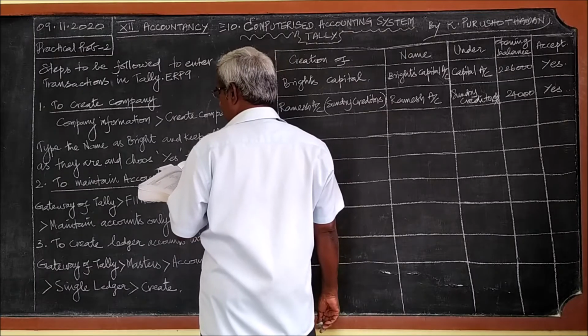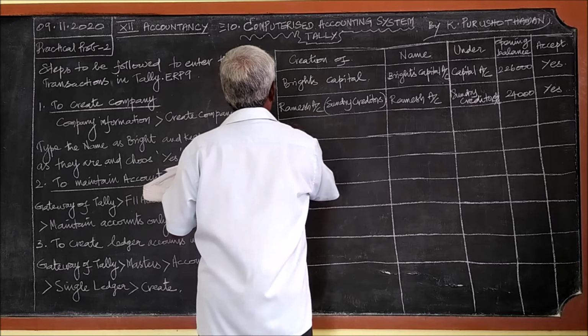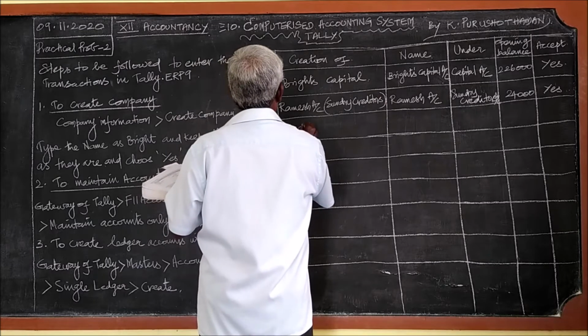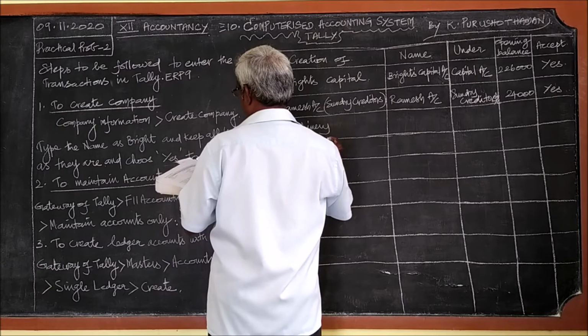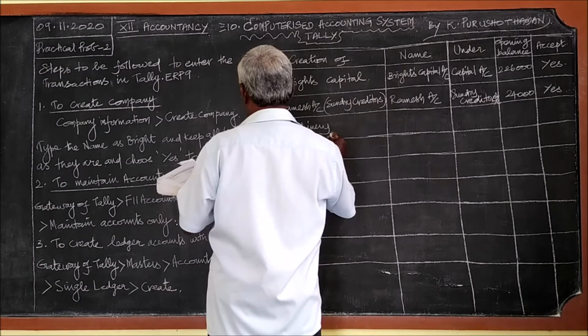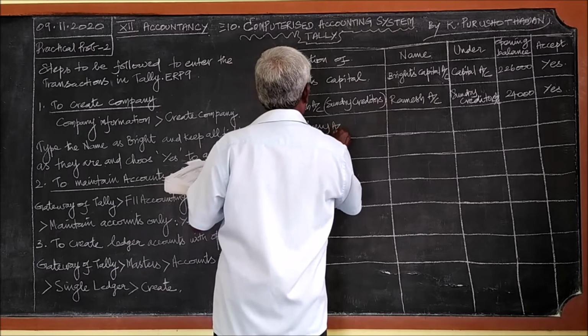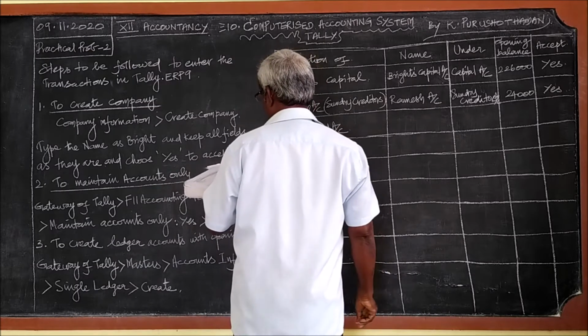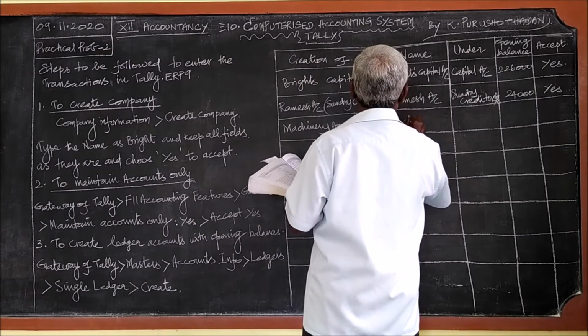Now we shall pass on to the asset side. The first item is machinery, machinery account. Under what name it should be created? The same machinery account.